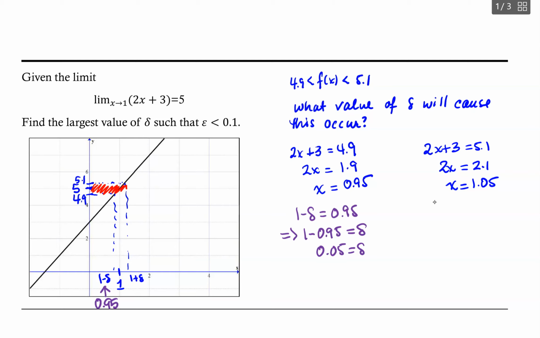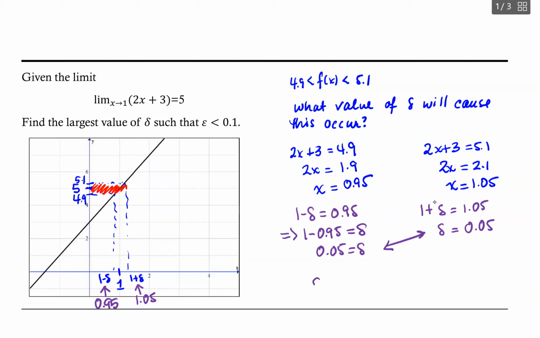So again, over here in our graph, this value, 1 plus delta, should be 1.05. So 1 plus delta equals 1.05. Subtracting 1, delta equals 0.05. Notice that we got the same value of delta. That means that this interval is symmetric.